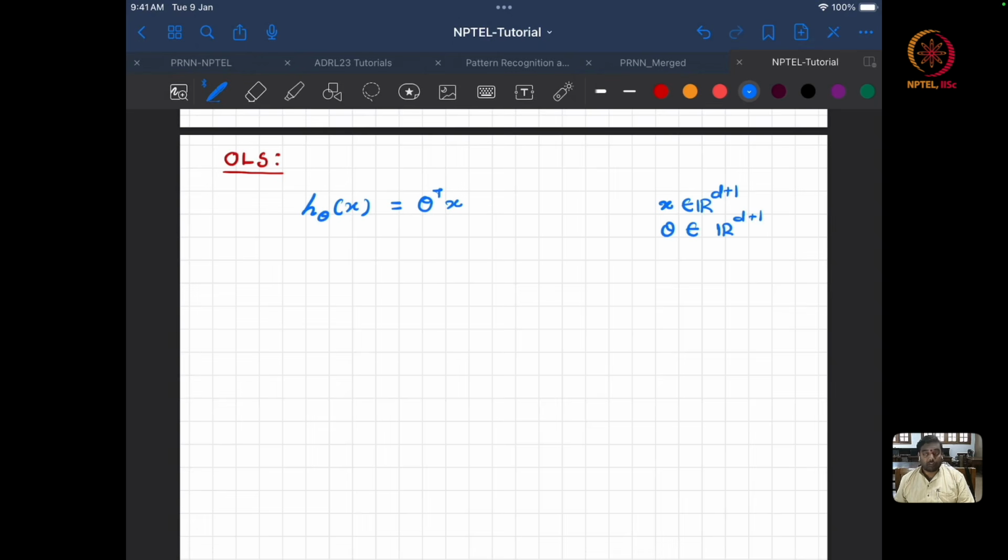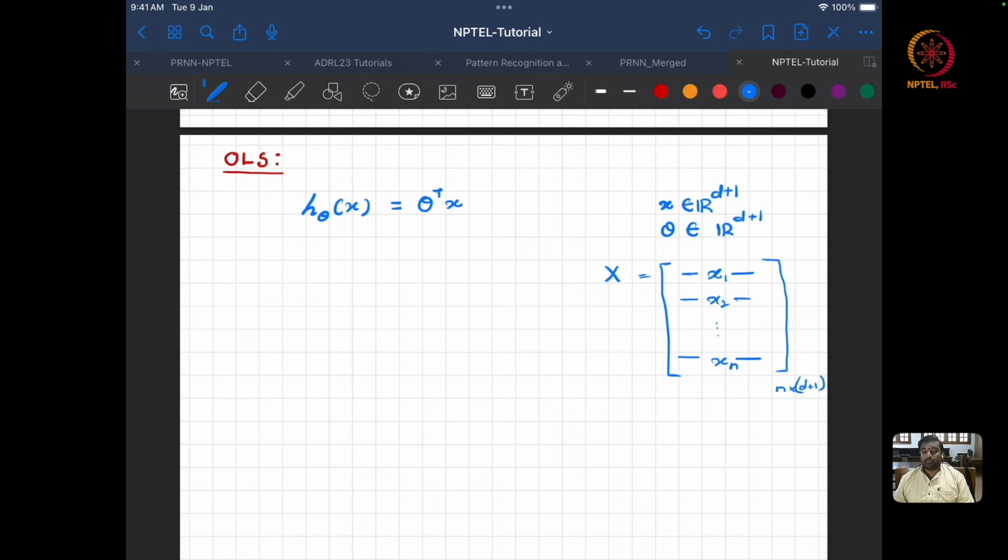This is one instance of x. So now, if I have n examples, my overall x will be the first example, the second example, and so on till xn. Now I have n rows and d plus 1 columns.